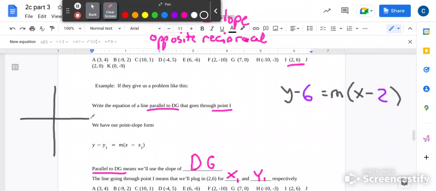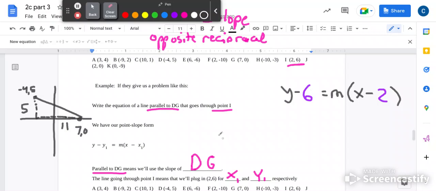Again, we could graph DG up here. Point D is at negative 4, 5. Point G is at 7, 0. If we're finding the slope of this line, we go down by 5, and we go over by 11.